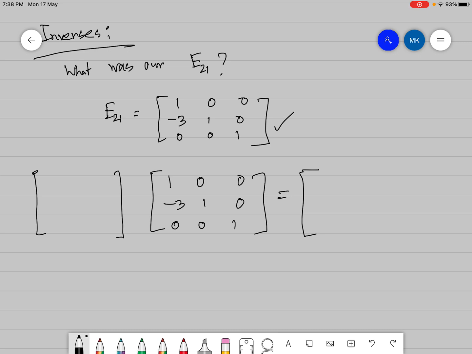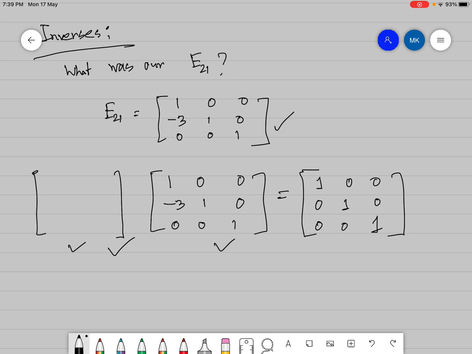This is like multiplying the matrix with an identity matrix, right? So there should be something here that undoes the operation that this matrix does, and you'll get the identity matrix. That means a neutral operation. All right, so what should be the matrix here?